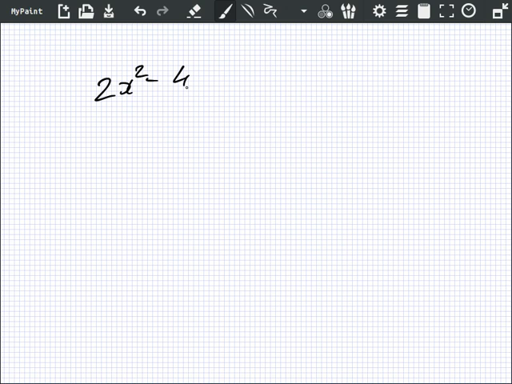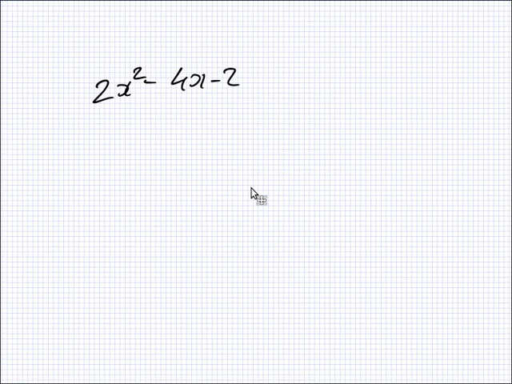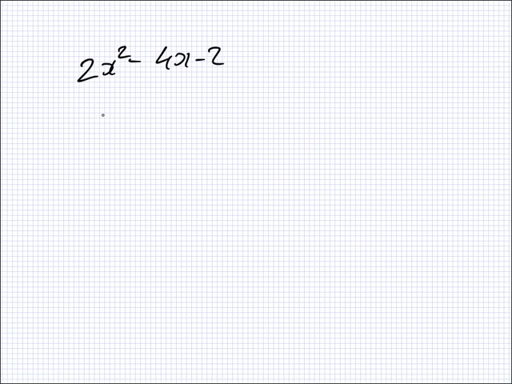2x squared minus 4x minus 2. What's that equal to? You could change that into 2x... Move the 2 in. Oh yeah. x squared minus 2x minus 1.